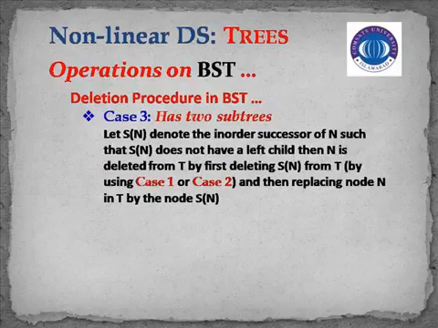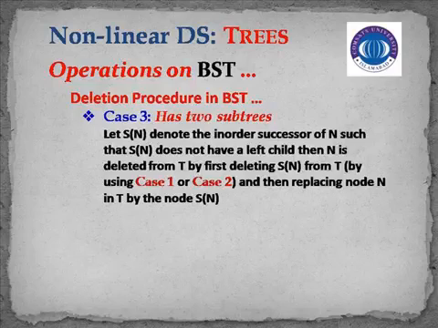The third case is for the deletion of a node that has 2 subtrees as its children. To accomplish such deletion, let S of n denote the in-order successor of n such that S of n does not have a left child.